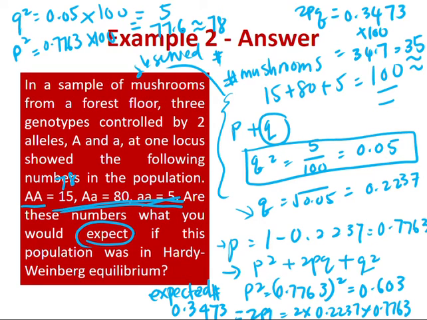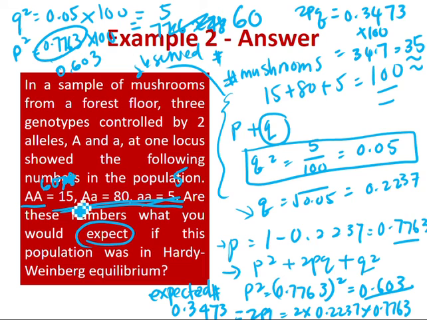Excuse me, sorry guys, my mistake again. It's not 0.7763, it's actually 0.603. So this should be around 60. Not 78, 60. Homozygous recessive would be 5, same as before, and heterozygous is 35.